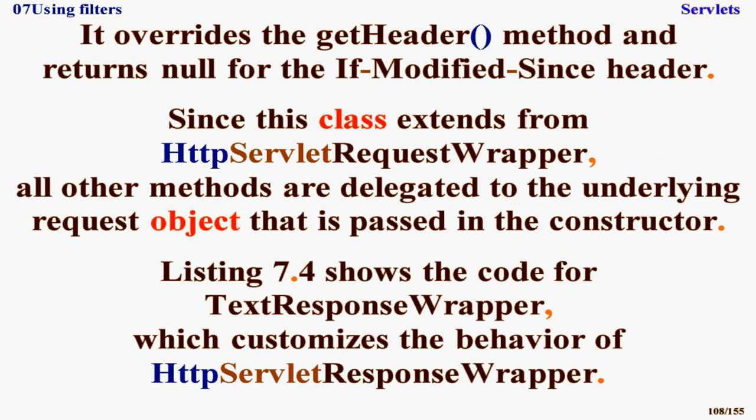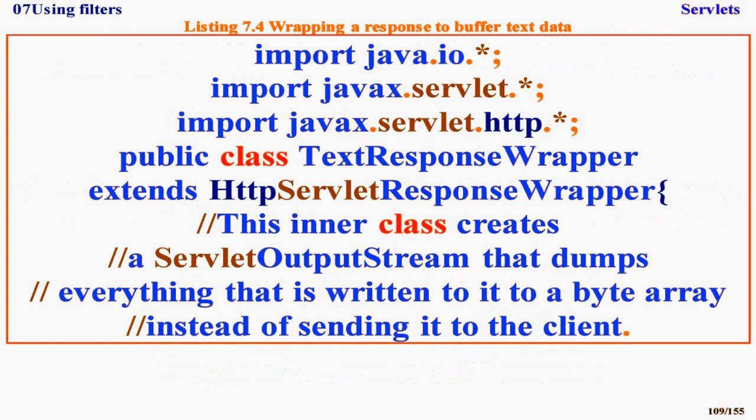Listing 7.4 shows the code for TextResponseWrapper, which customizes the behavior of HttpServletResponseWrapper. Listing 7.4.